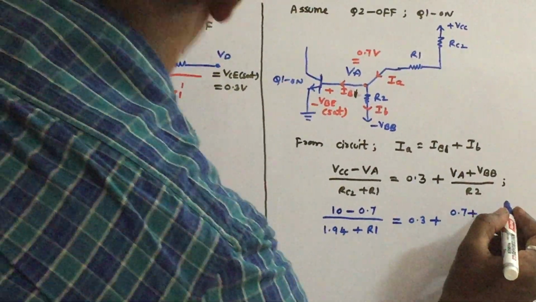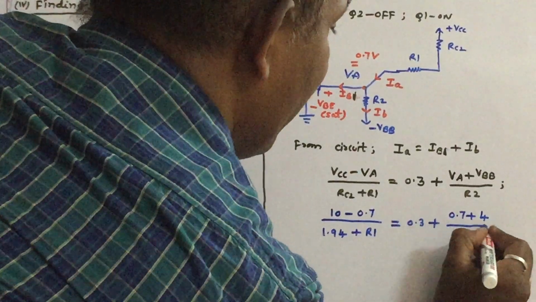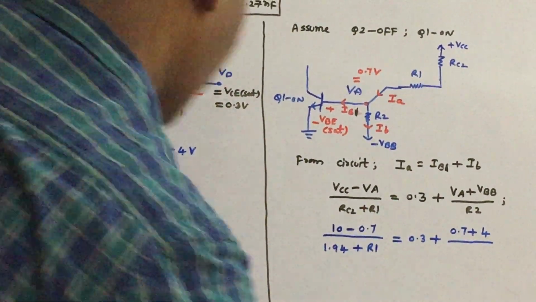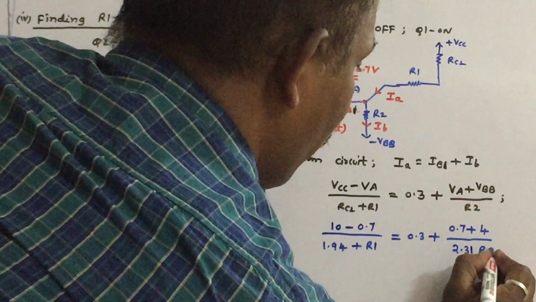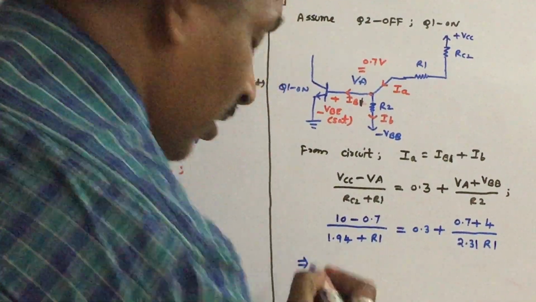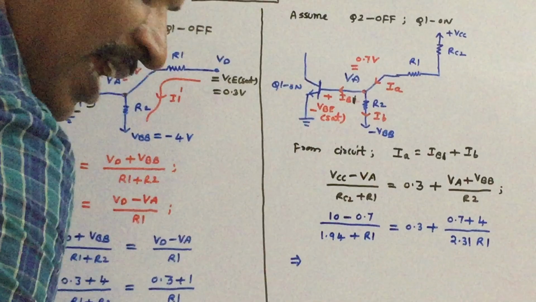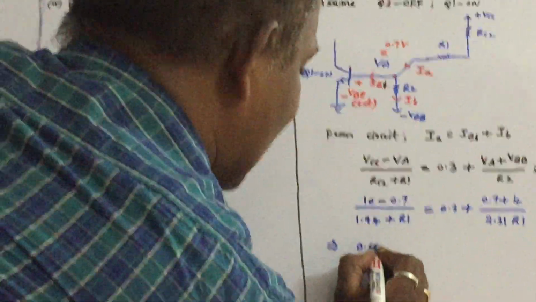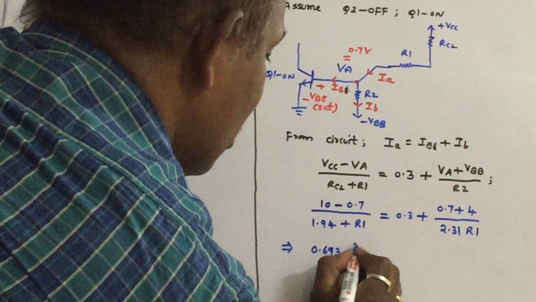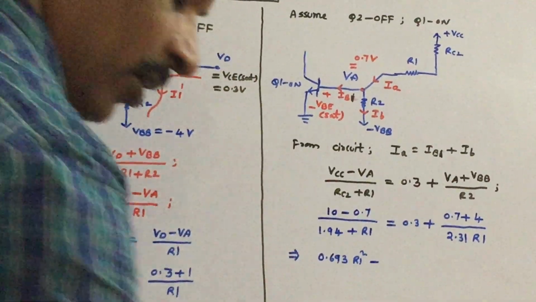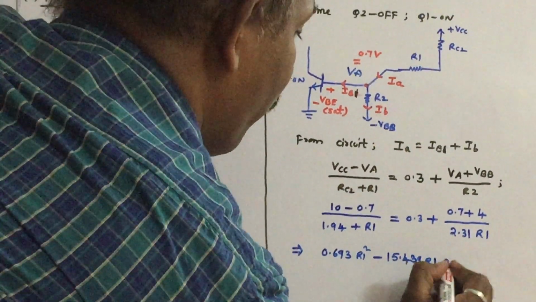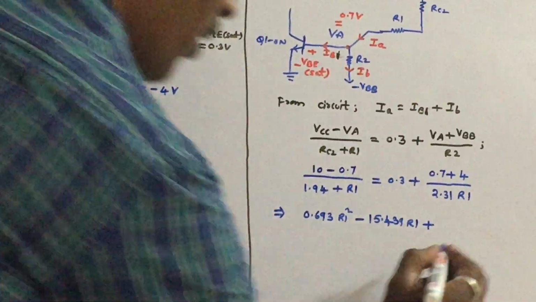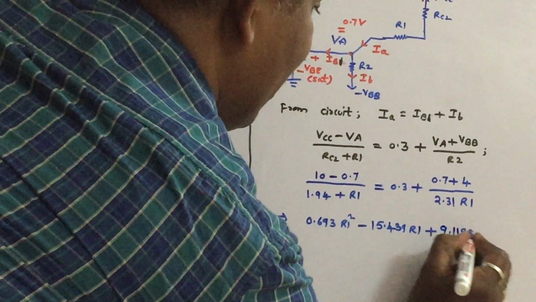What is VBB given in the problem? 4 volts by R2, and the R1 relation we have is 2.31 R1. If you simplify this equation, you get the quadratic equation 0.693 R1 square minus 15.439 R1 plus 9.118 is equal to 0.